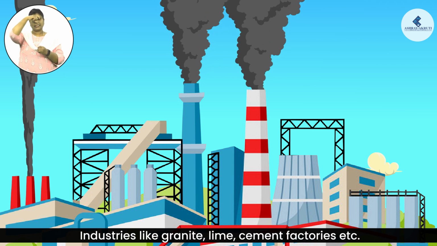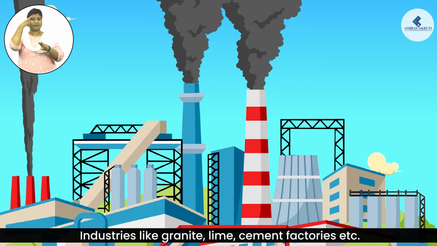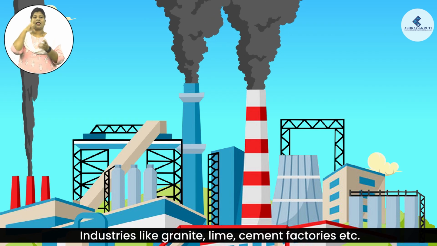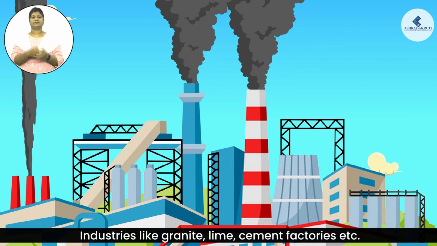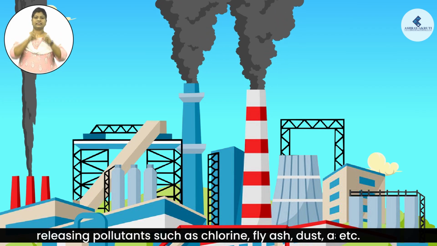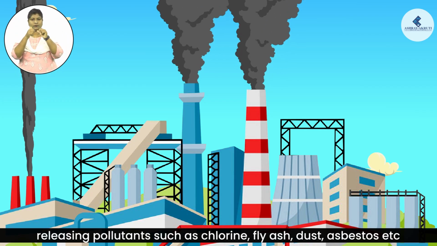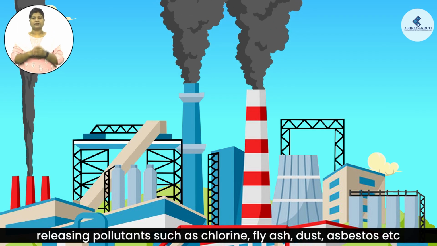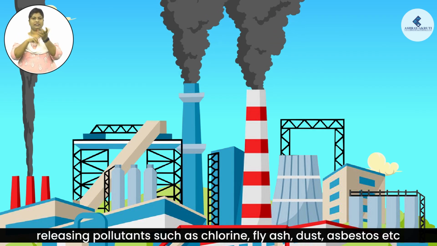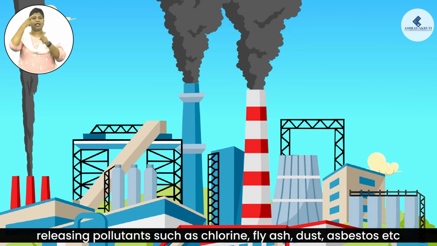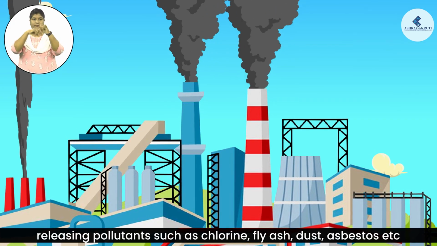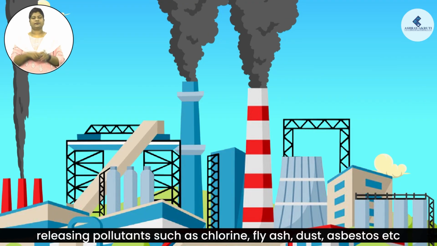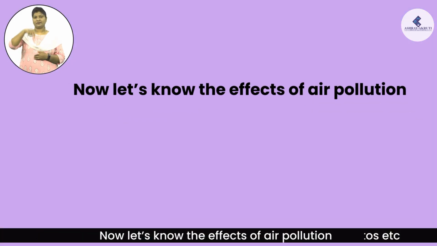Industries like granite, lime, cement factories, etc. release pollutants such as chlorine, fly ash, dust, asbestos, etc. Now let us know the effects of air pollution.